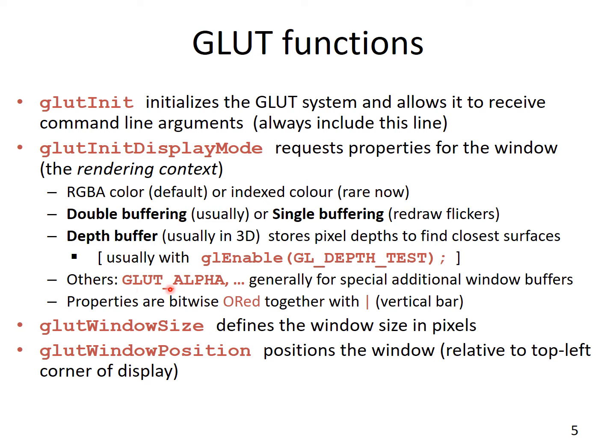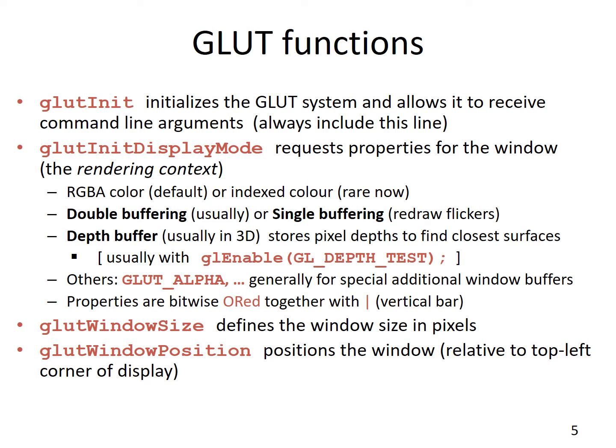We can use other properties such as GLUT_ALPHA, that is generally for special condition window buffers, which we will not talk about now. But the important thing to note is that all these properties are bitwise ORed with this bar that we place in between these properties.